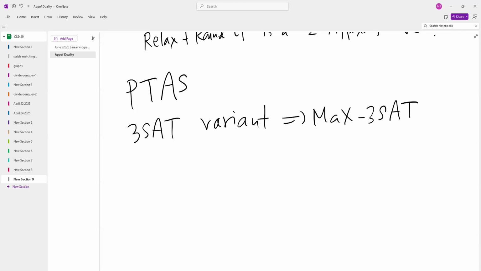So if you have 10 clauses, maybe you can satisfy 7 clauses. You want to find an assignment of variables that maximizes the number of clauses you can satisfy. If you can satisfy all of them, then you are solving 3-SAT. But if you try to satisfy the maximum number, then it's Max-3-SAT. It's also hard, because if you solve Max-3-SAT in polynomial time, you can use that to solve 3-SAT. You just check whether the number of clauses satisfied by Max-3-SAT equals the total number of clauses. So this is also hard.